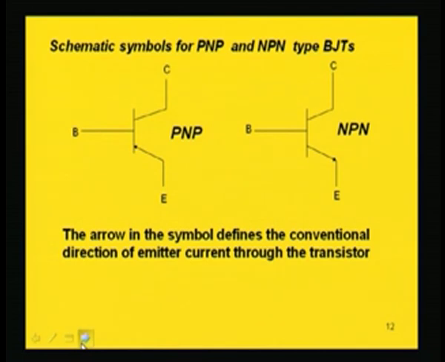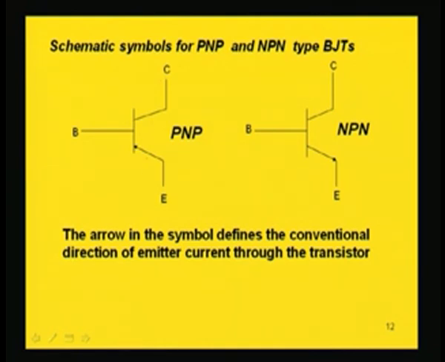Now, the schematic symbolic representation of a transistor, for both PNP and NPN, we have to know. While using it in an electric circuit, we will not draw the whole transistor, we will only draw the symbolic representation. So, a PNP transistor is represented like this.